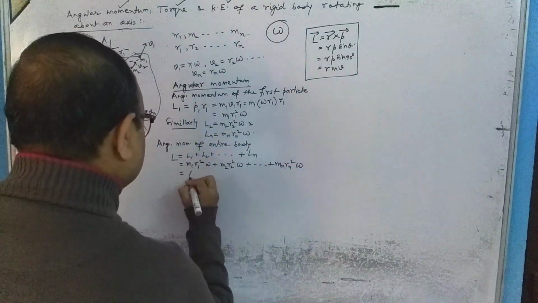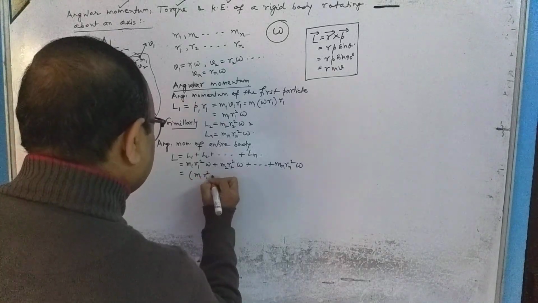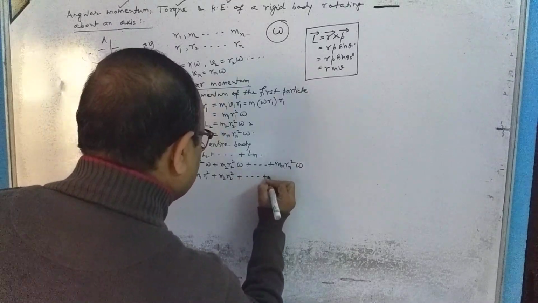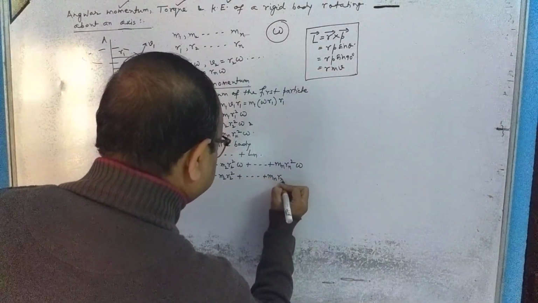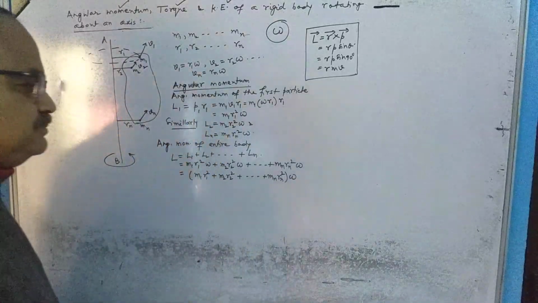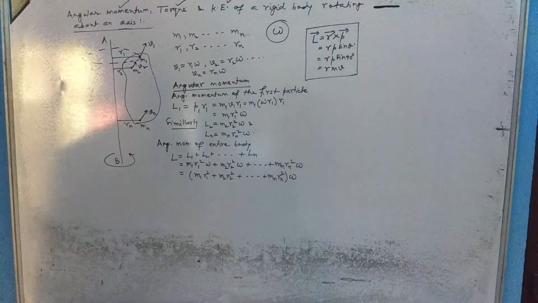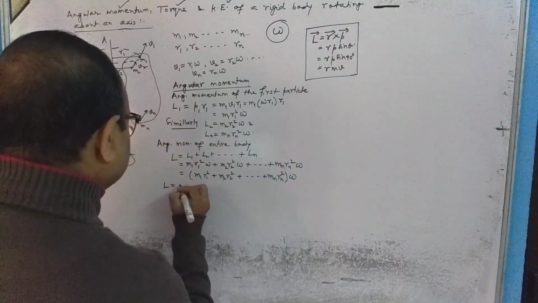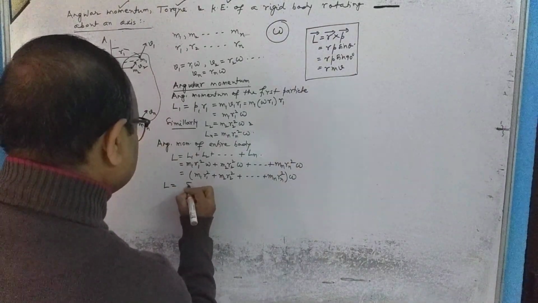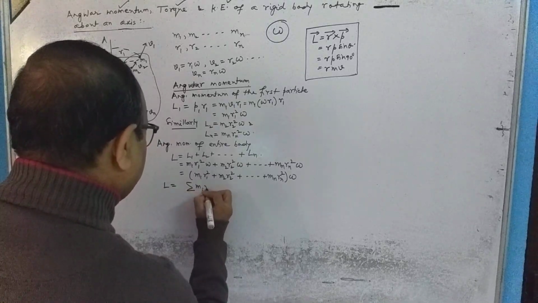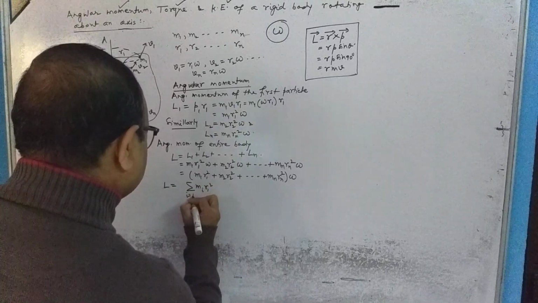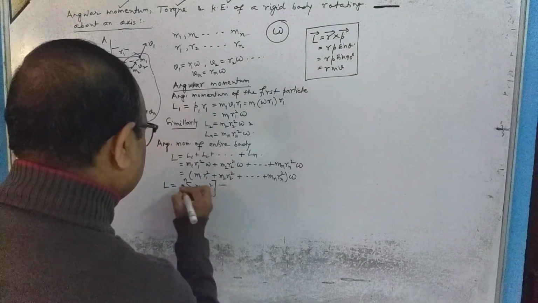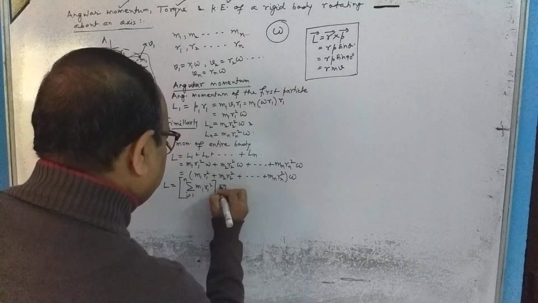So what we can write? m1 r1 square plus m2 r2 square plus so on up to mn rn square, into omega. I hope you all remember we have discussed L is equal to summation mi ri square, i equal to 1 to n, this whole thing in the bracket, into omega.